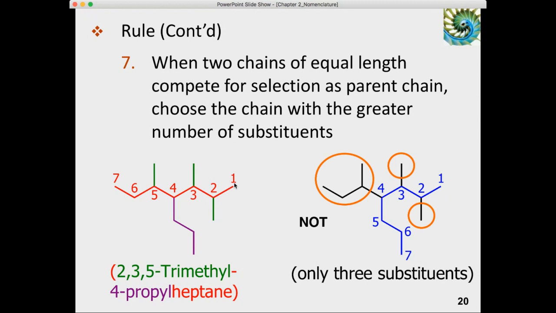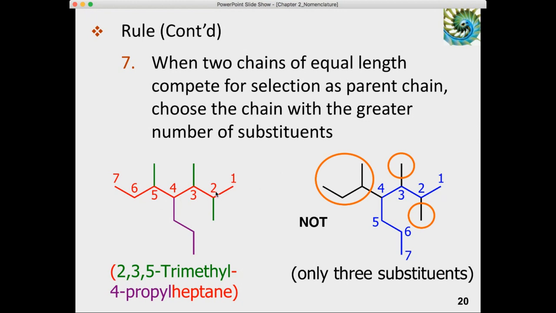Once we know which one is the parent chain, we assign numbers. Obviously, in this case, number 1 is the carbon on the right end because it's closer to the substitution. In position 2, we have a methyl. In position 3, a methyl. In position 4, a propyl. In position 5, another methyl.